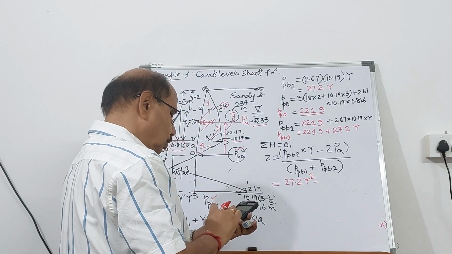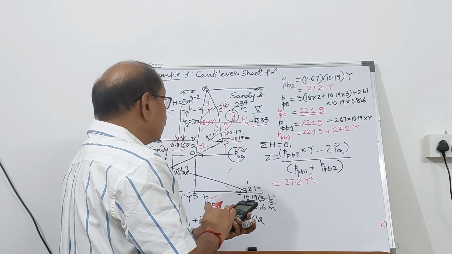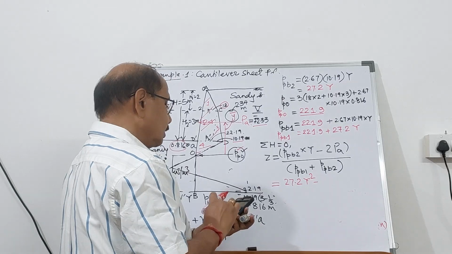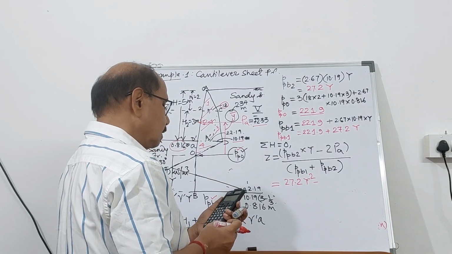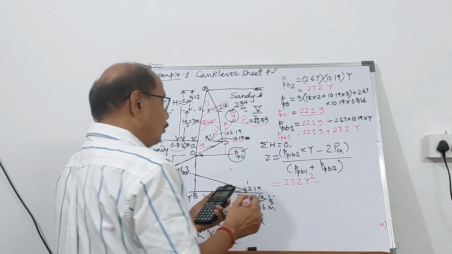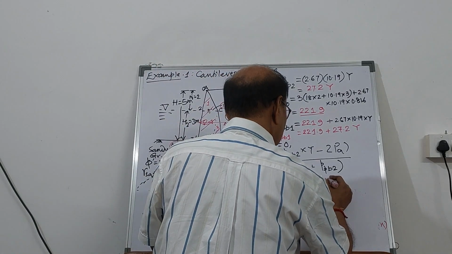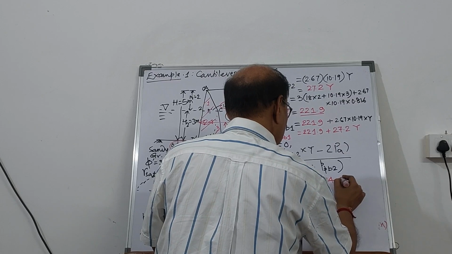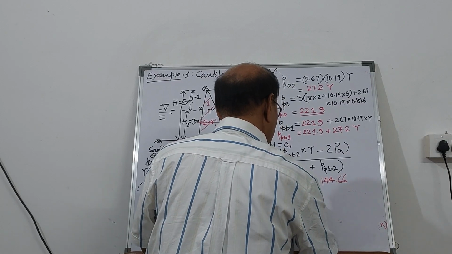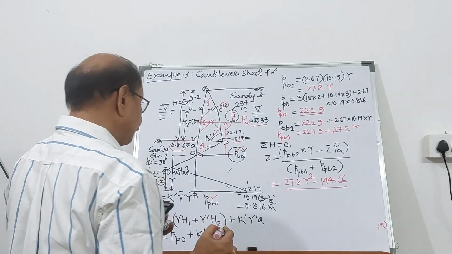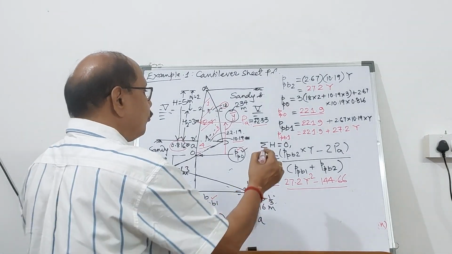So 2 into 72.33, 144.66 divided by PPB1.